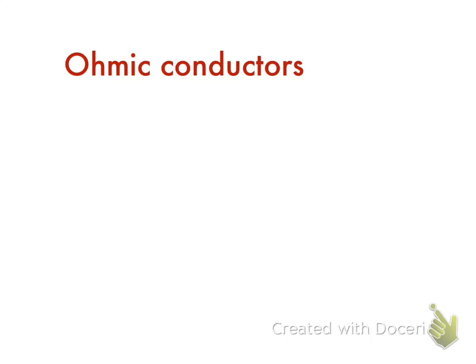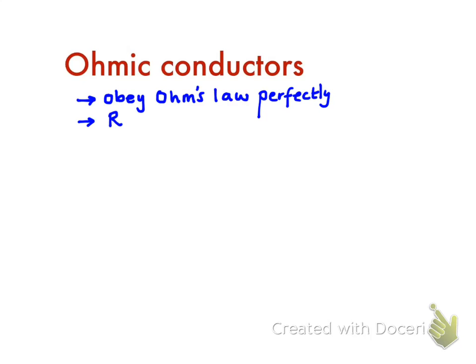If we now look at the difference between what we call ohmic conductors and non-ohmic conductors, let's start with ohmic conductors. They are conductors that obey Ohm's law perfectly, so they obey R is equal to V over I perfectly, and that means that V divided by I, that ratio remains constant.